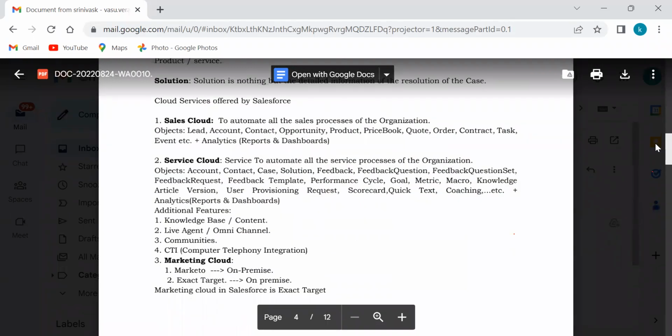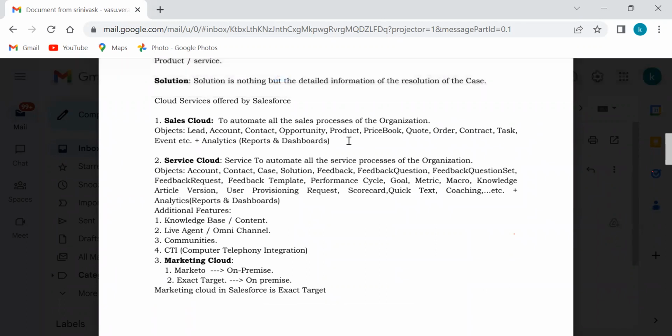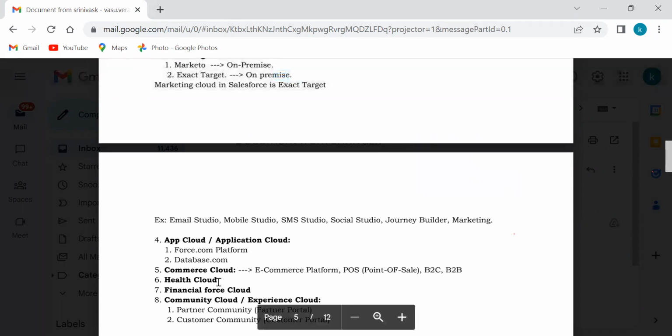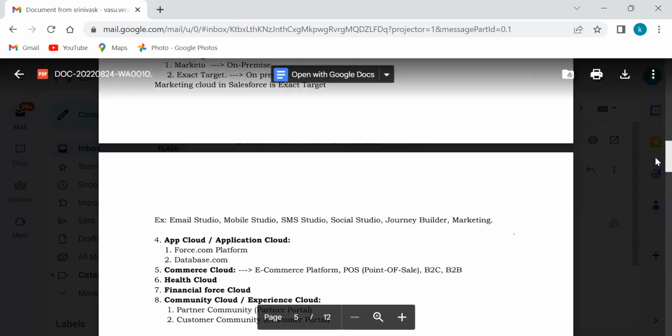What exactly do we mean by the Sales Cloud, Service Cloud, Marketing Cloud, App Cloud, and the remaining clouds? All these things we'll discuss in the next session.